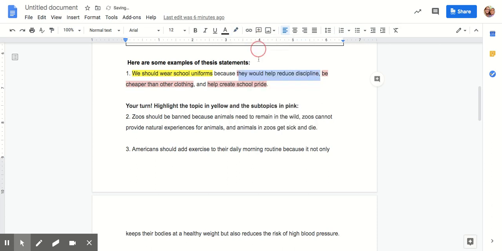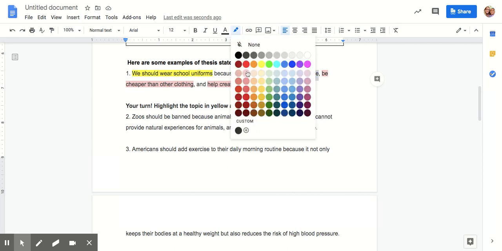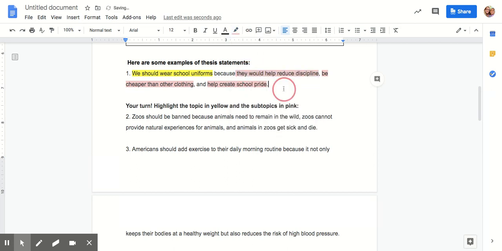If I'm going to highlight this, I just highlight the entire first subtopic, and then I'm going to go to the paintbrush and choose pink. And then that is highlighted, okay? So again, yellow is the main topic, and then pink are the 3 subtopics. Go ahead and do that right now.